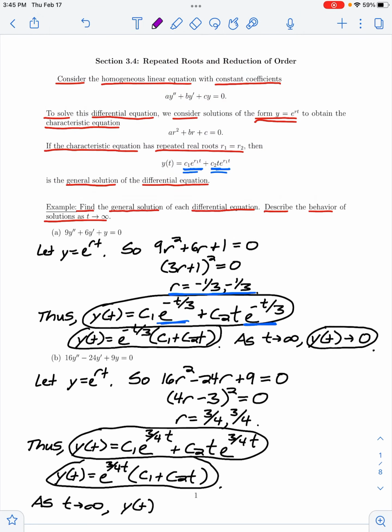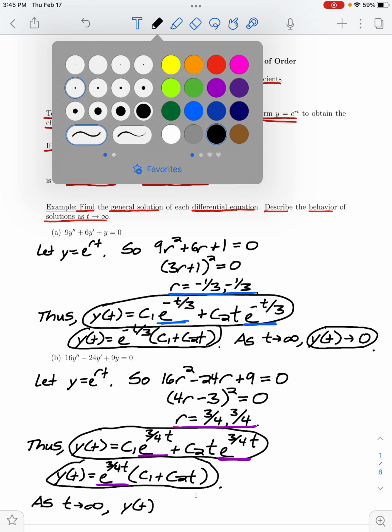We have our two roots, or one repeated root, is a positive 3/4. So both of these exponential terms exhibit exponential growth, or if we factor out the common exponential, we have exponential growth times some linear term.